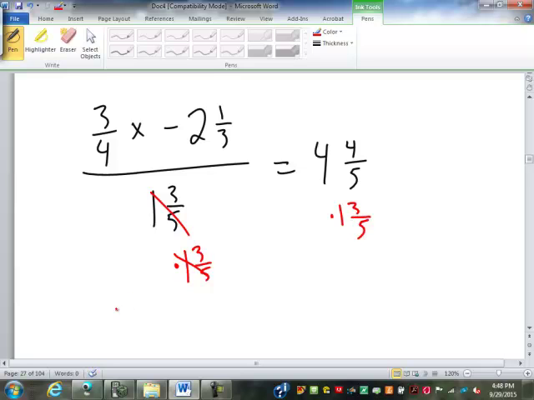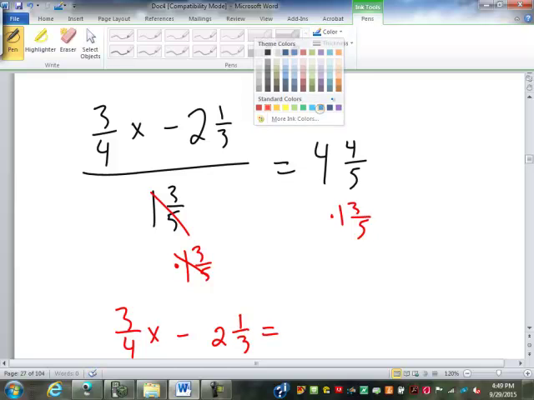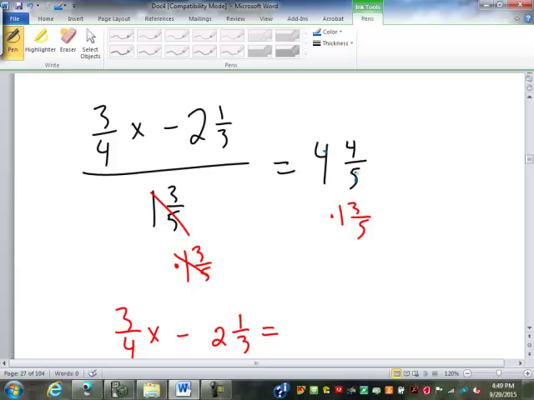So what we have over here is 3/4 x minus 2 1/3 equals, we're going to have to multiply this out. 24/5 times 8/5 is going to multiply out to be what? 192 over 25, or 7 17/25.